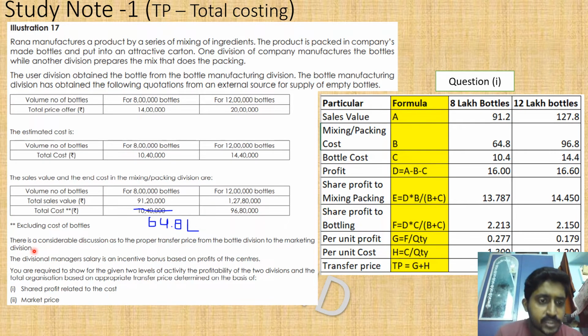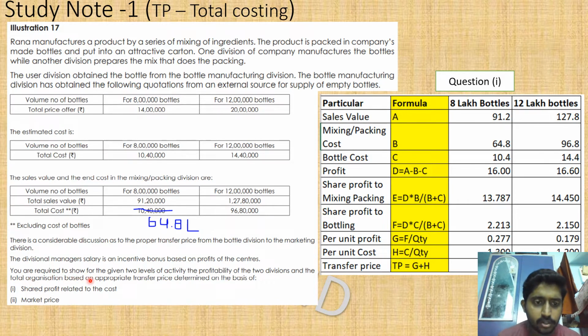So let's read out the question. There is considerable discretion to maintain the proper transfer price for the bottling division. So the bottle is transferred from the first division to the second division. The transfer price of the bottle should be fixed keeping in mind all the prevailing regulations. Yes, the divisional manager's salary has an incentive bonus based on the profit of the centers.